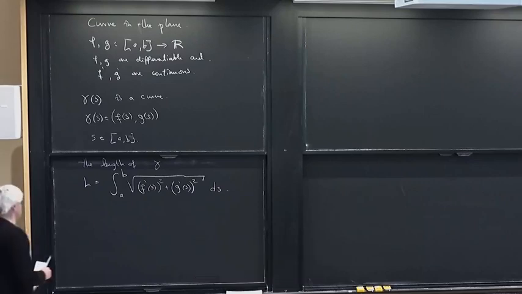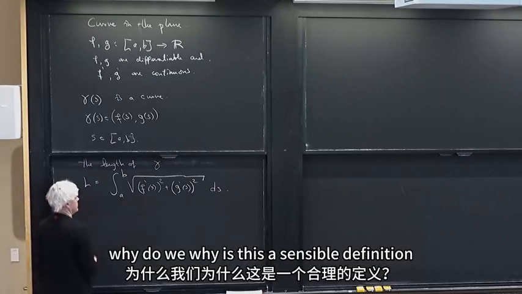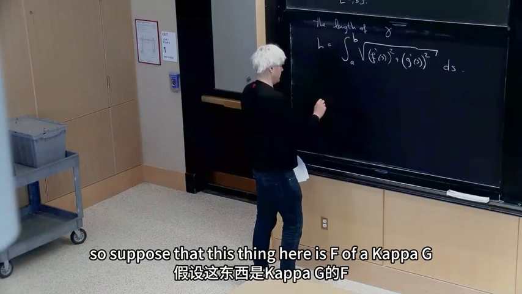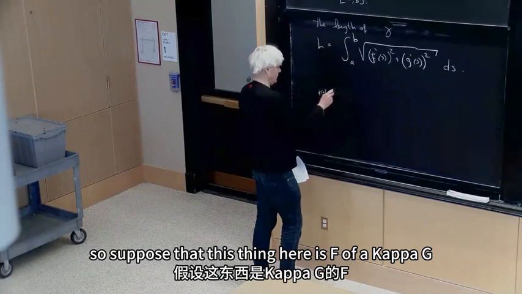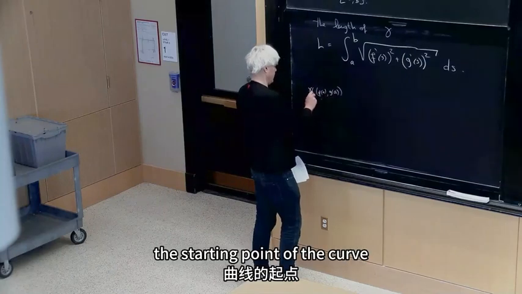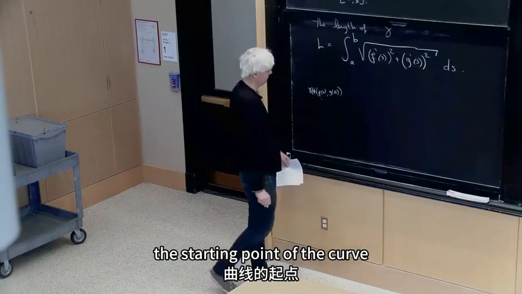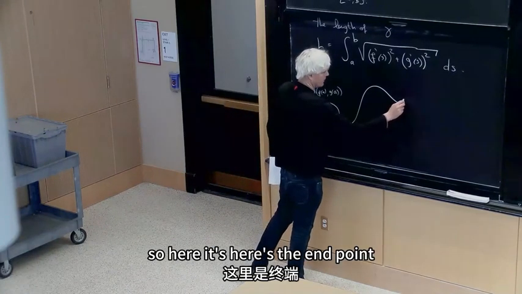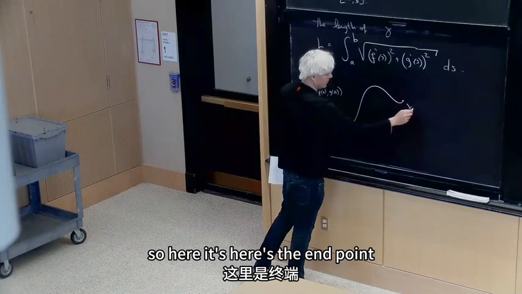Now, why is this the case? Why is this a sensible definition? So suppose that this is f of a, comma g of a. This is the starting point of the curve, and suppose that the curve looks like this. So here is the end point.